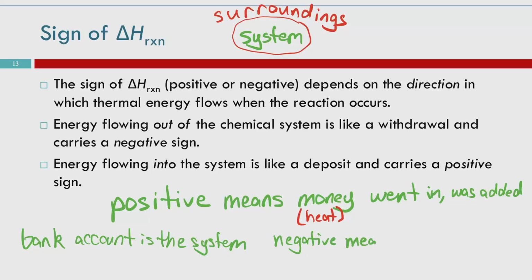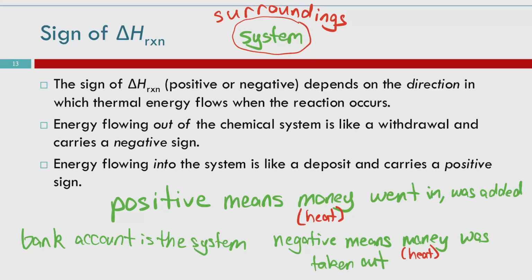Negative means money was taken out. Again, money being our analogy for heat.